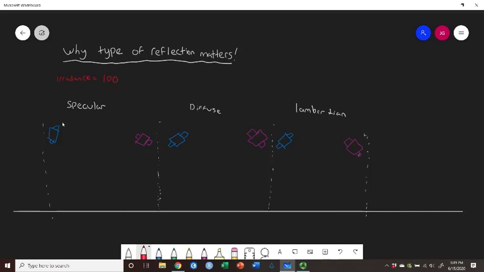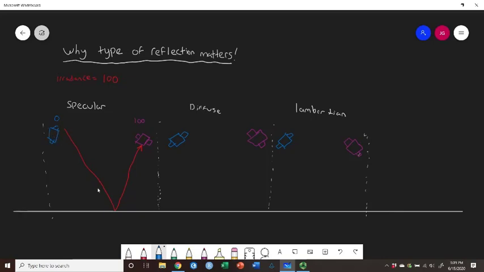So what we're going to do is have specular come in like this. We're going to have it come in like this, bounce off, and because it's specular, it all bounces off in one direction, and it's going to hit the sensor. So in this case, looking at the exact same scene at the exact same time, the purple sensor would have a radiance of 100, whereas the blue sensor would measure that exact same scene with a radiance of 0.